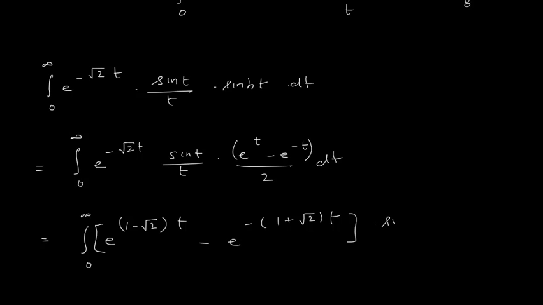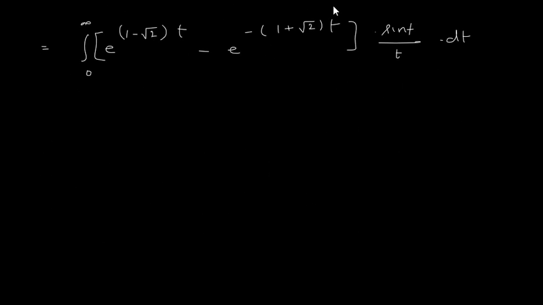here I have sin t upon t into dt. So now here I will first find Laplace of sin t. Laplace of sin t, I will get 1 upon s square plus 1.